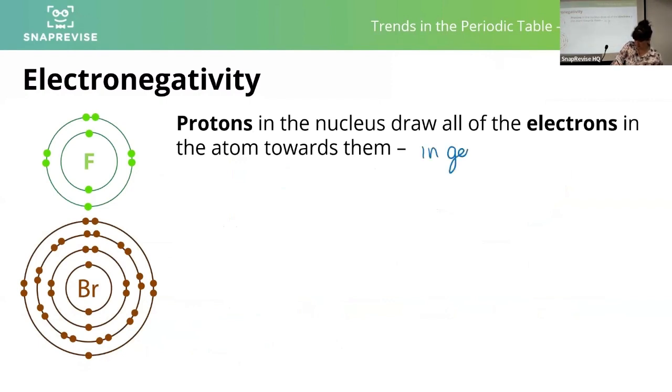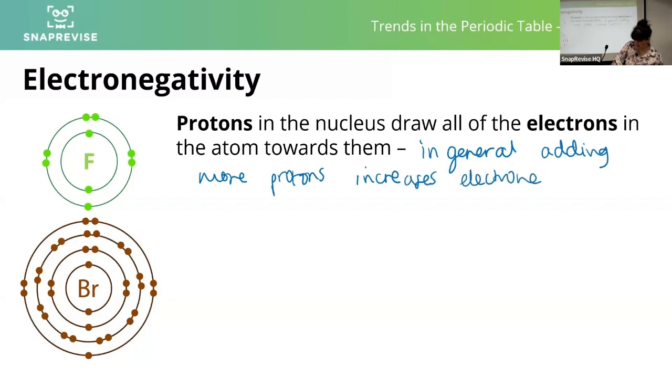So in general, and I'm saying in general because it's not an exact science, chemistry never is, adding more protons increases electronegativity.